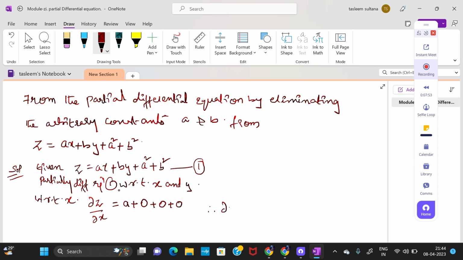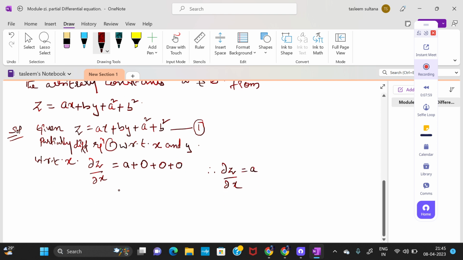Therefore dou z by dou x is equal to a. But we know that dou z by dou x is equal to p. So p is equal to a.